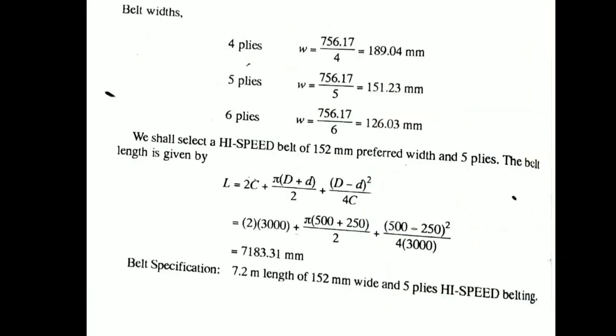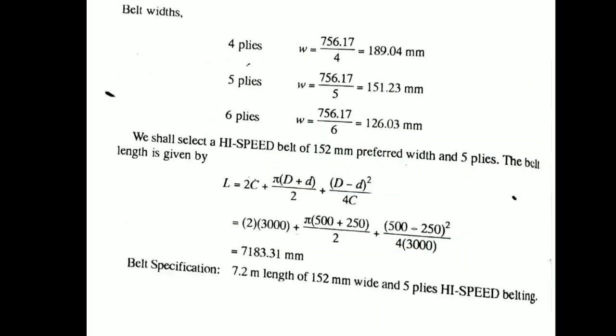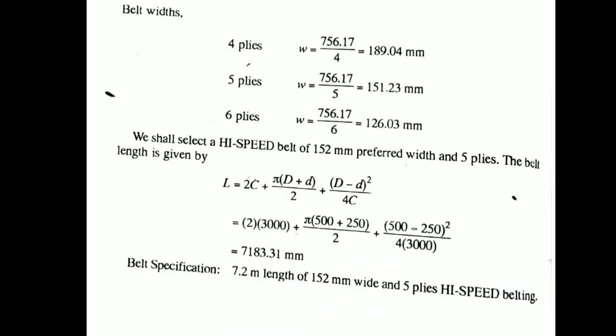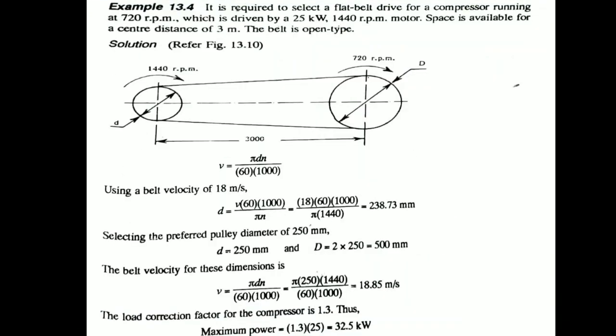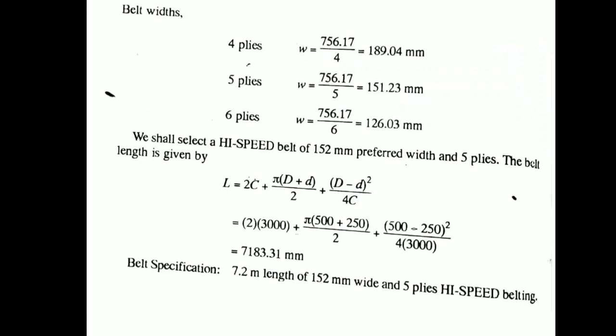See, our answer is 756. So width is equal to this divided by ply. First I took 4 ply: 756 by 4 is 189. So I go to the 4 ply system. Is 189 there? No. So I cannot use this. Then I go for 5 ply, divided by 5.